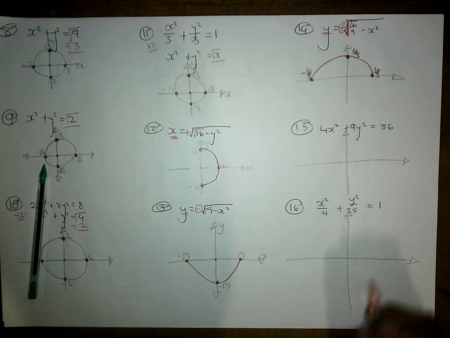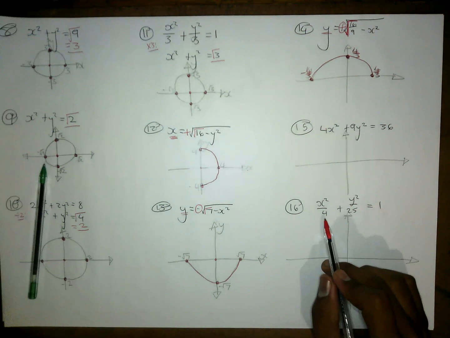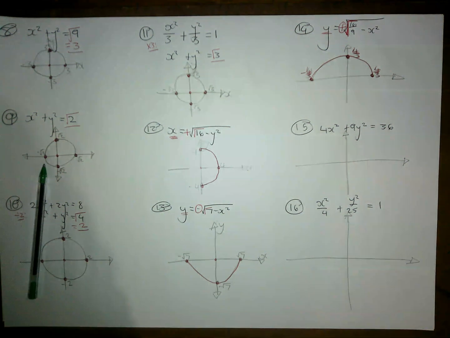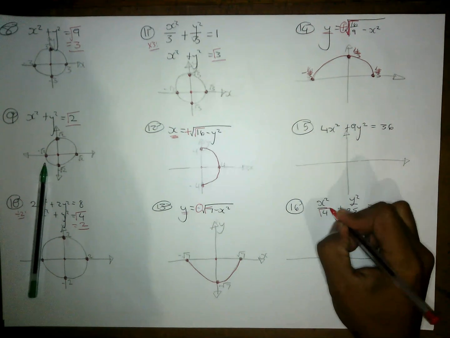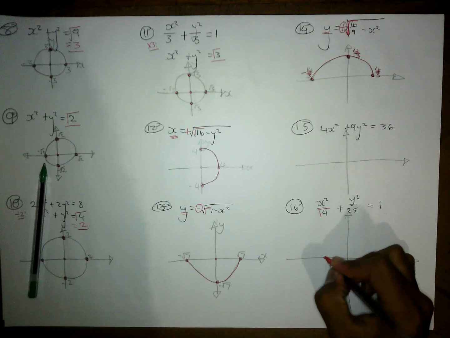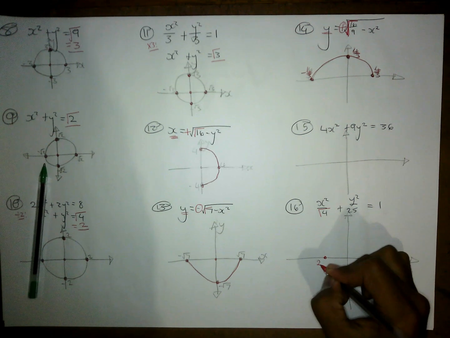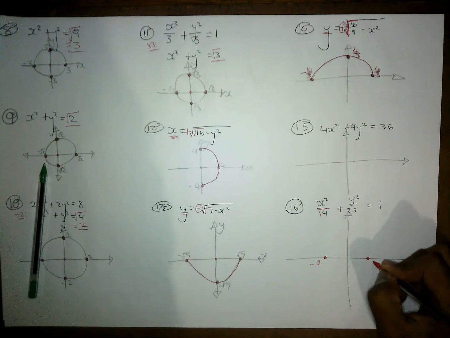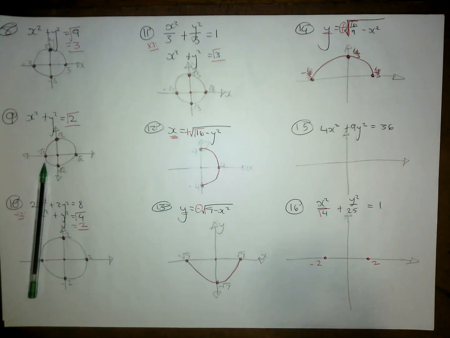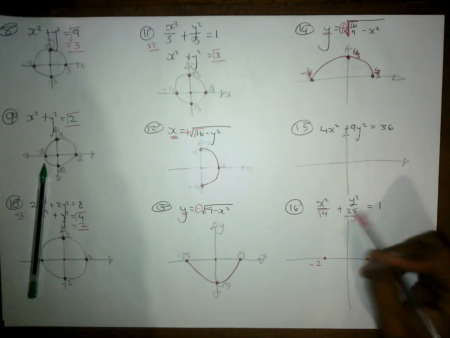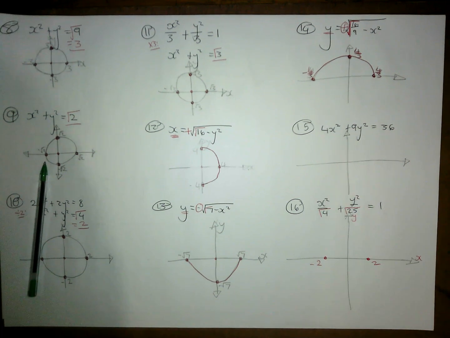Okay, we start with number 16. We look at the number 4, and all we do is we square root this 4. So we're gonna get a 2, right? So we have a negative 2 there, and here we have a positive 2. For the y, we look at the 25, we square root the 25.